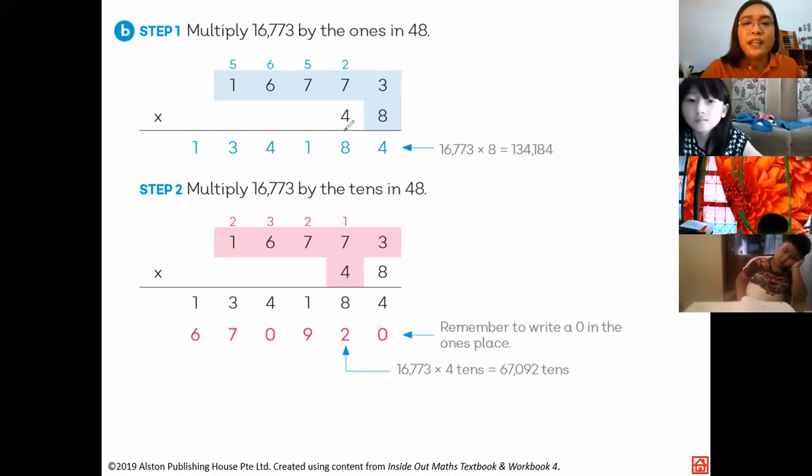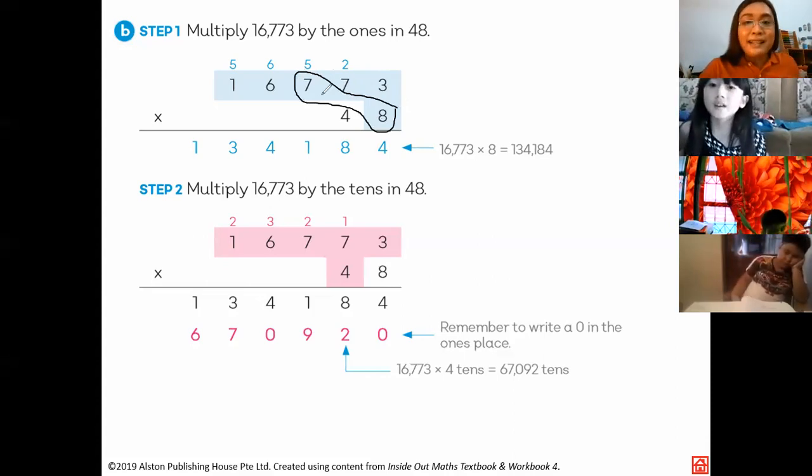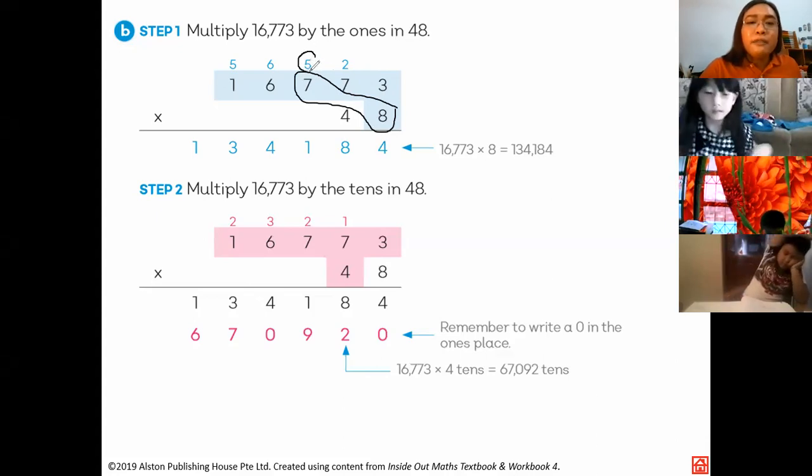So we write 5 here and 8 over here. Next, multiply 7 and 8. That's 56 plus 5, 61. So we have 6 and 1.